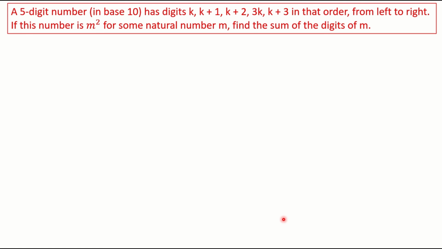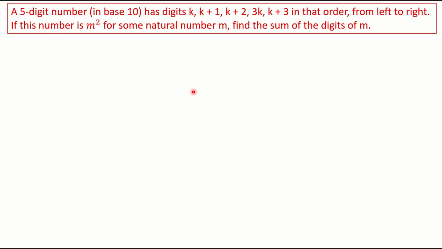there is a five-digit number in base 10, and it has digits k, k plus 1, k plus 2, 3k, k plus 3 in that order, same order from left to right. Okay, so these are the digits. K cannot be 0, right? Because it's a five-digit number, k has to be 1 to 9. But if k is not 0, none of these will be zeros, right?